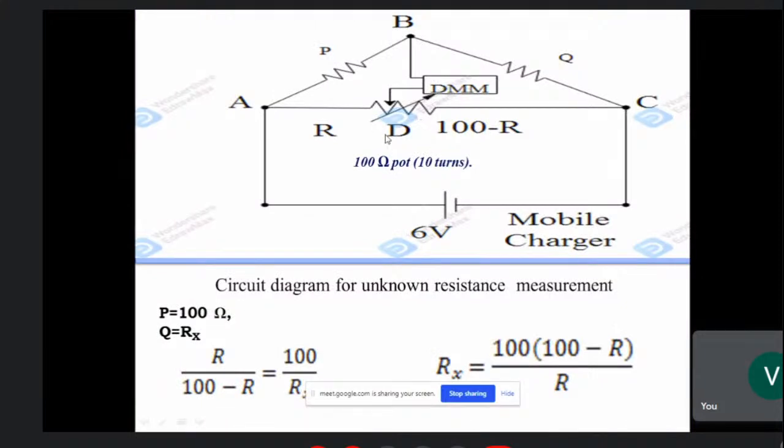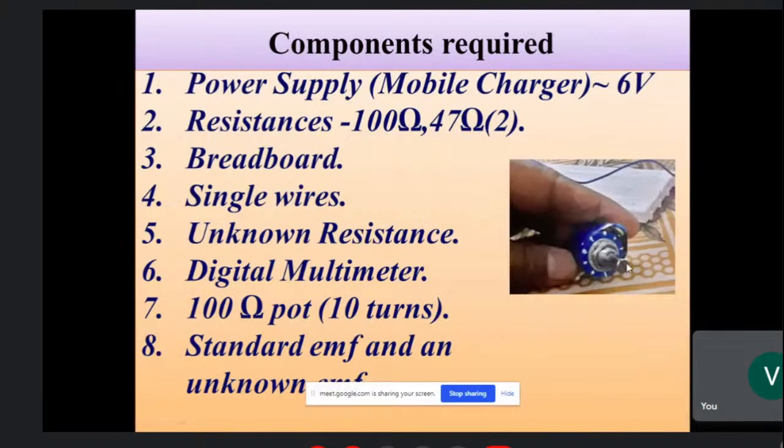And here, if we calculate the number of turns from 0 to this point, then we can easily calculate the resistance of one side.